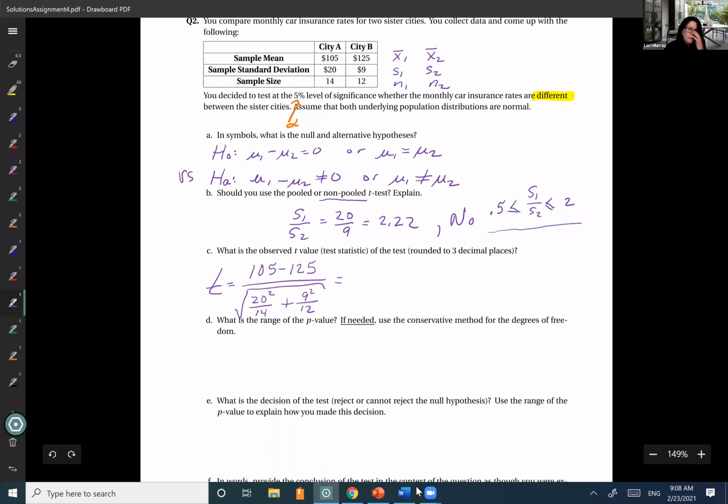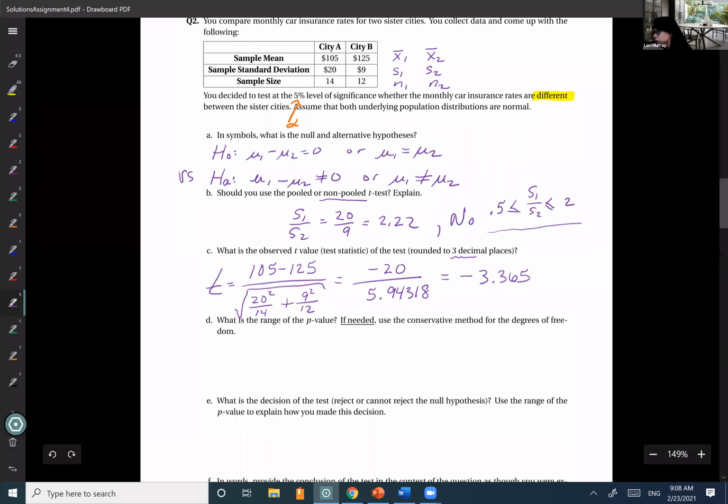That's part of the formula. Then in the numerator, negative 20 divided by 5.94318. I'm carrying lots of digits because I want to be accurate to 3 decimal places. That will be negative 3.365.